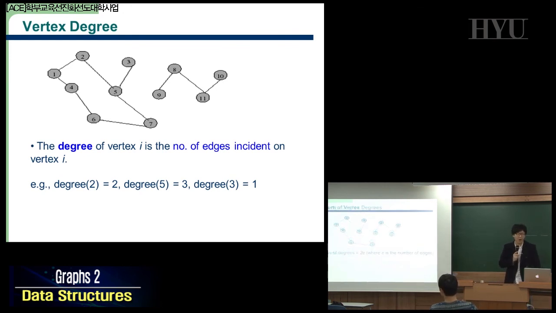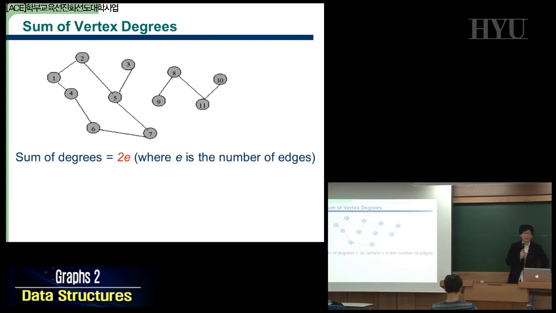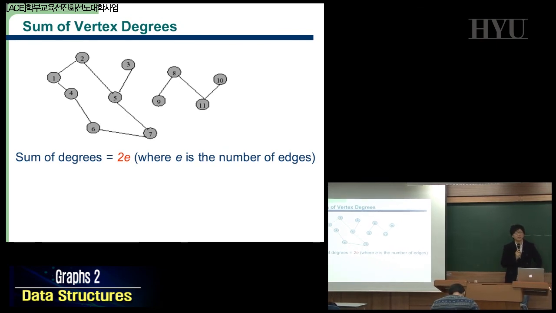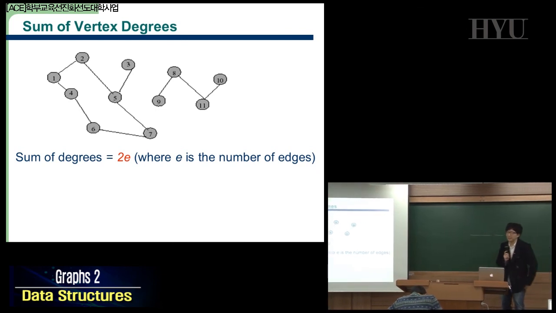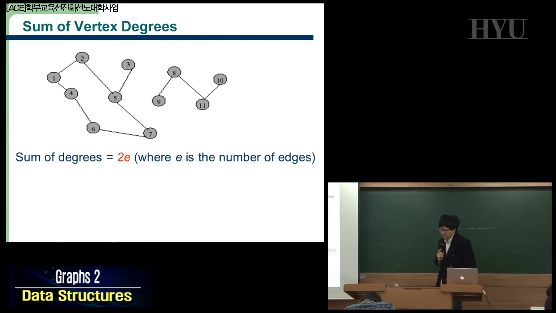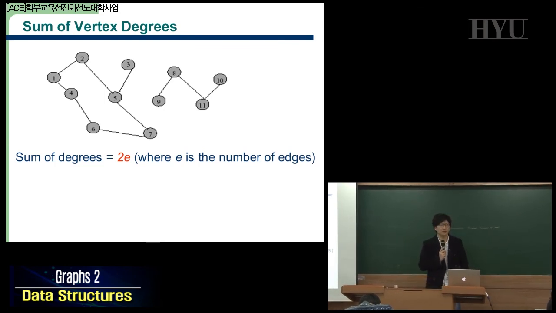So if you add them up, the sum of the degrees will be equal to 2 times the number of edges. Because you're counting the edges twice, once from each node. Because one edge shares 2 vertices. So if you count from a single side, then it's naturally 2 times the number of edges if you add up all the degrees of your vertices. This makes sense, right? This is obvious.